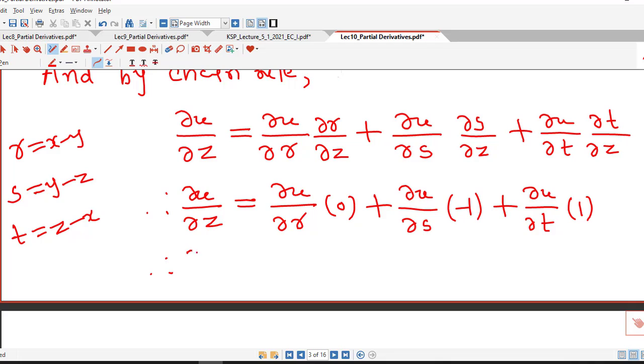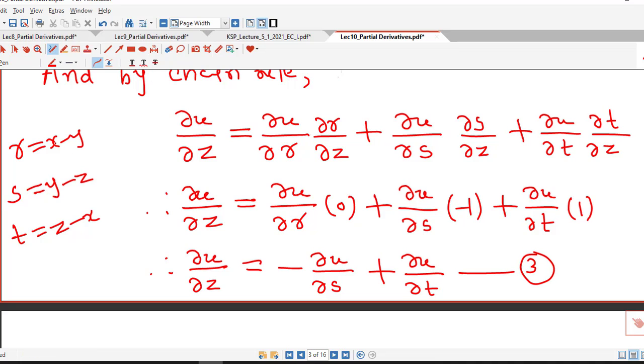So therefore del u by del z equal to 0 minus del u by del s plus del u by del t. So we give this number 3.